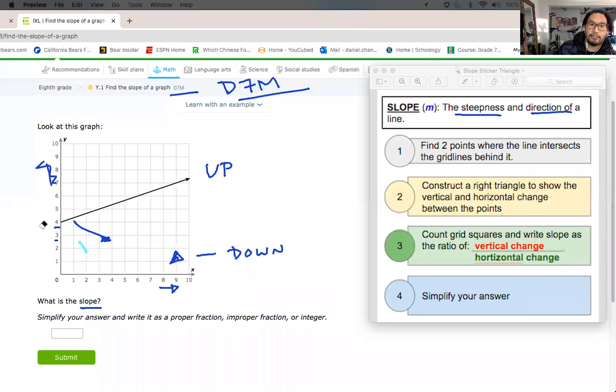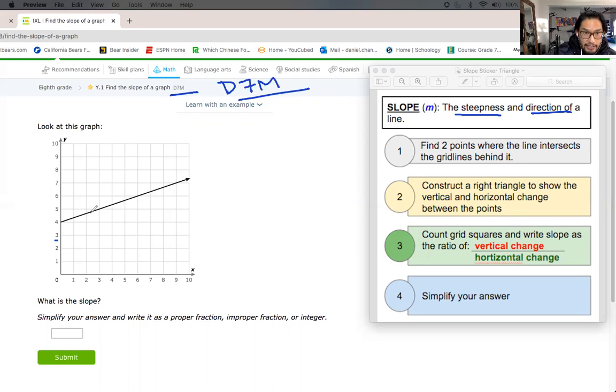So let's actually calculate the slope. Here's the first strategy I'm going to show you. When you've got a nice coordinate plane behind your line, one way is to find 2 points where the line intersects the grid lines behind it.